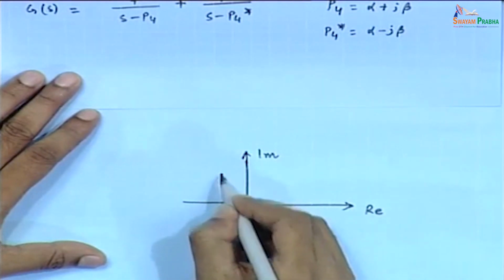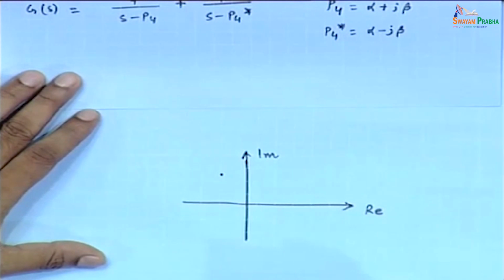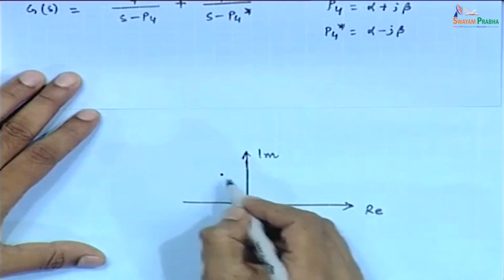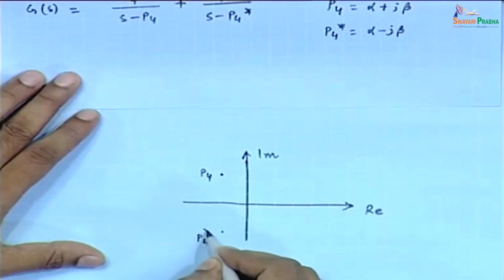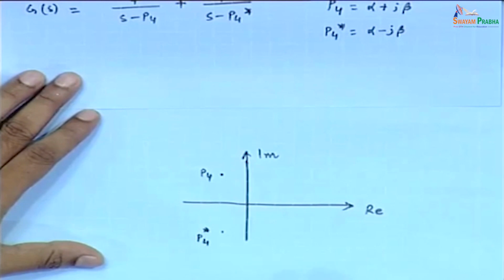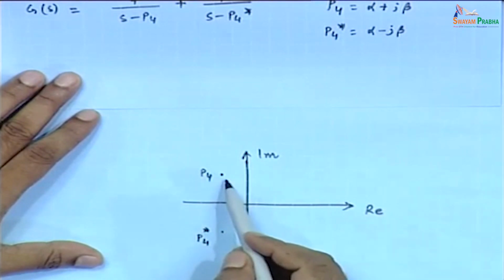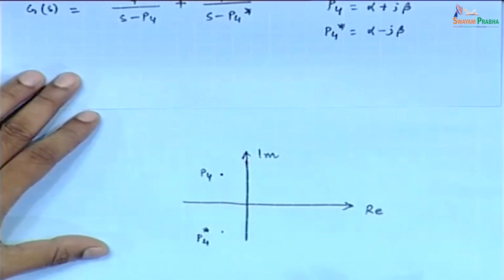Suppose one pole, that is P 4, is here and another pole, that is P 4 star, is here. Fine. So, this is alpha plus j beta and another one is alpha minus j beta.